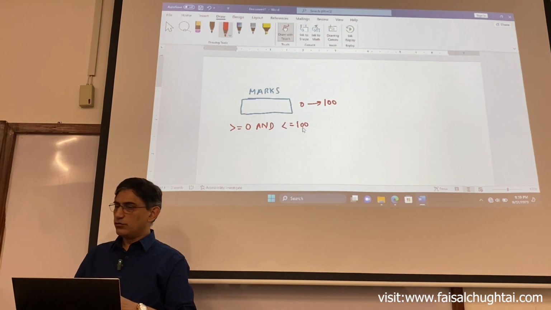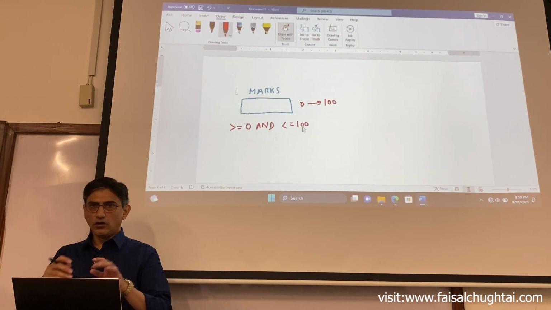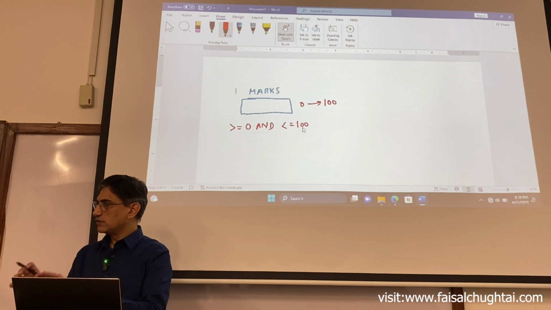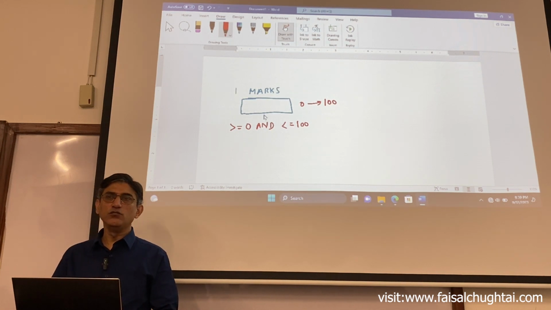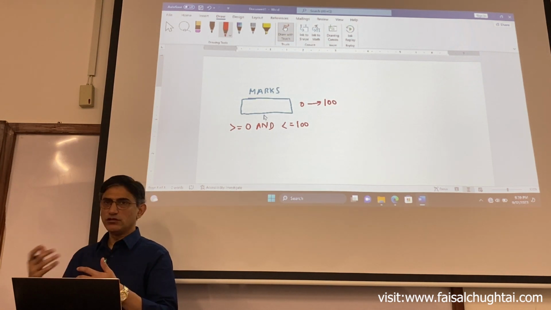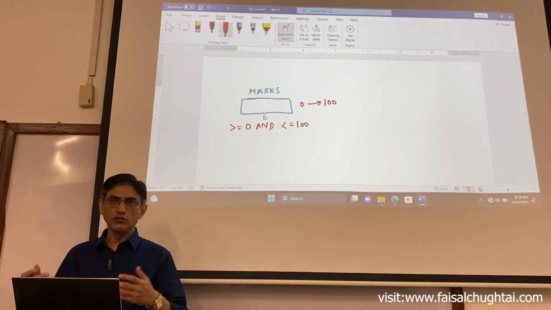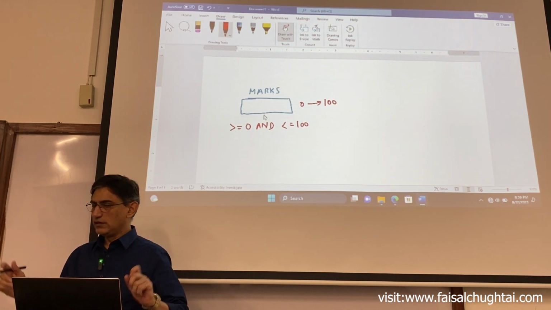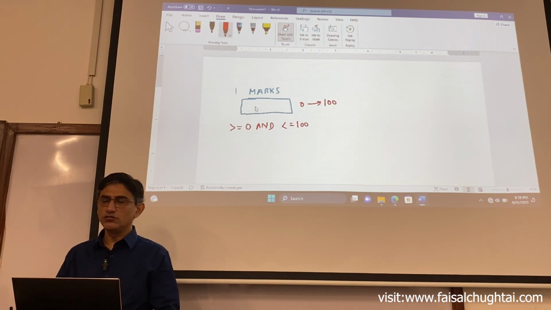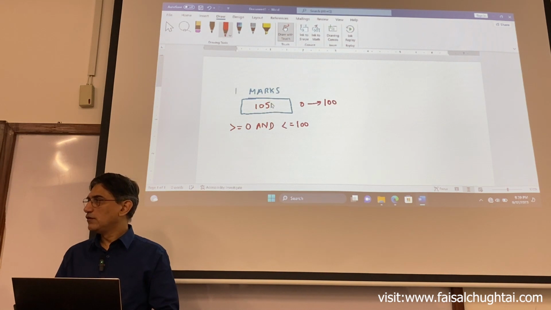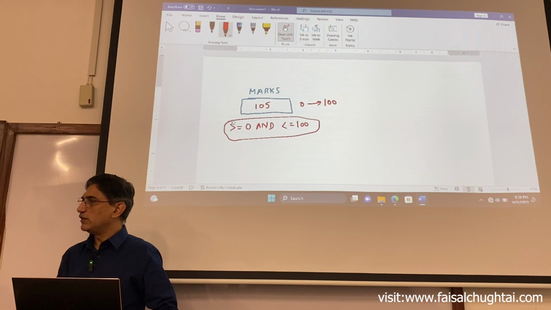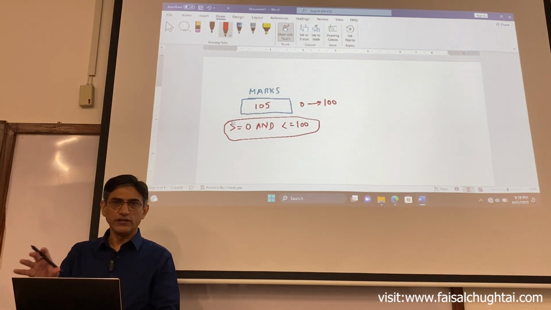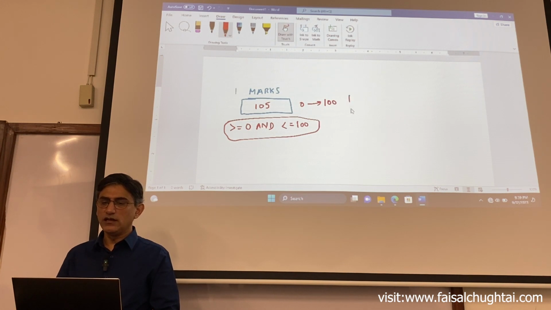Now, when any user of this program enters the data, if he puts in a value which lies between 0 and 100, where 0 and 100 are included, there would not be any problem. But if the user tries to input a value that is something like this, because this validation rule has already been programmed into the program, the program will give me an error message.